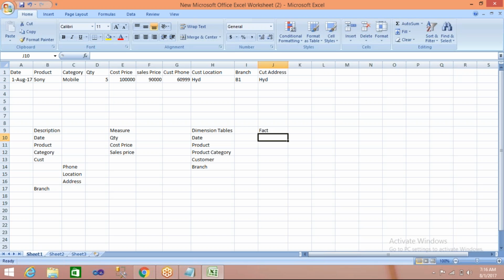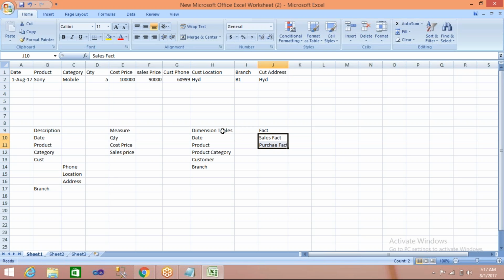How many goods we purchased, what the quantity is, how many goods are defective, and how many goods get from the warehouse to the branch. So likewise we maintain the fact tables. Assume this is a sales fact, and one more fact we have is the purchase fact. According to the business requirement, we maintain the fact tables.